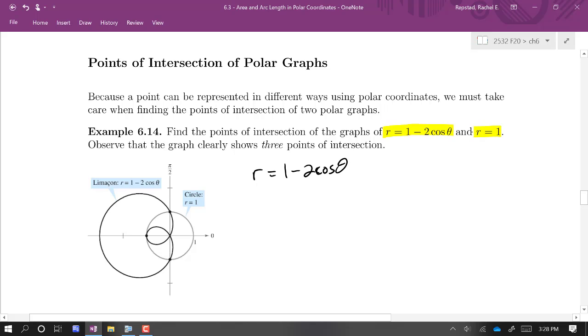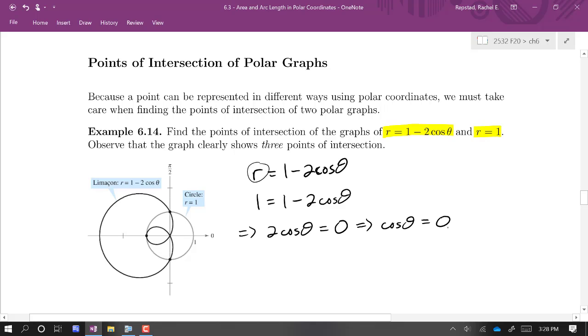I know that r is also equal to 1, so I'm going to just plug that in right here. So we get 1 is equal to 1 minus 2 cosine theta, and that means that 2 cosine theta has to be 0. And that means that cosine theta is 0.